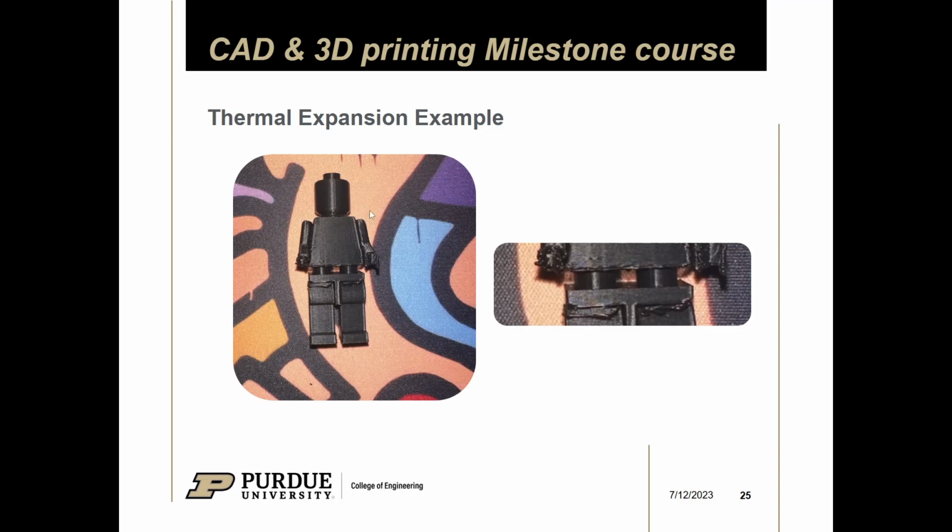It's probably because when they modeled it, they had zero tolerance. Let's say the inside hole was 2 millimeters, and then this pin was exactly 2. When we went to put them together, because there wasn't enough tolerance, the prints didn't fit together.